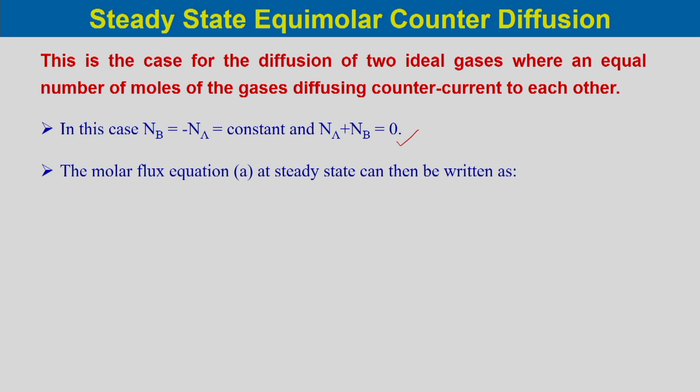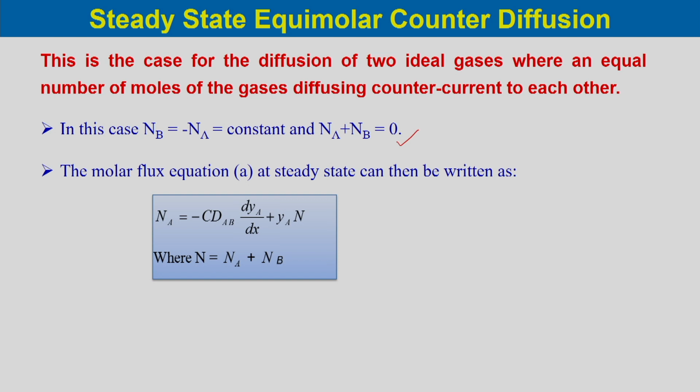Now, the molar flux in equation A at steady state can be written as, this is equation 1, NA is equal to minus C DAB dyA/dx plus yA N, and NA plus NB is equal to N, which is 0. So, if we substitute that N is 0, we will get NA is equal to minus C DAB dyA/dx.